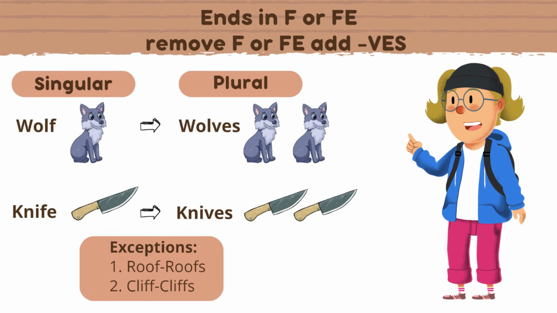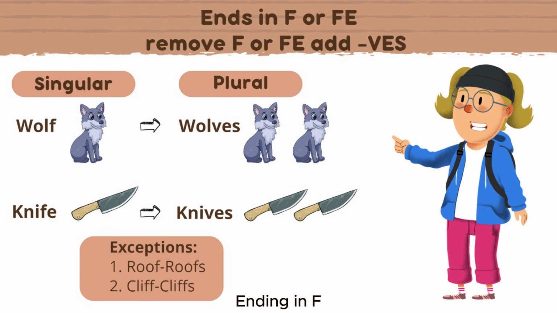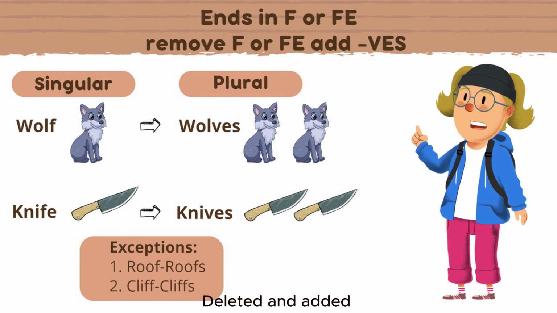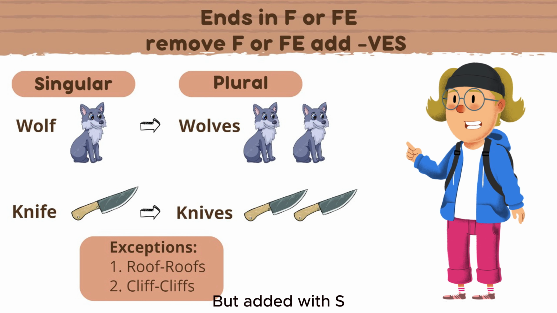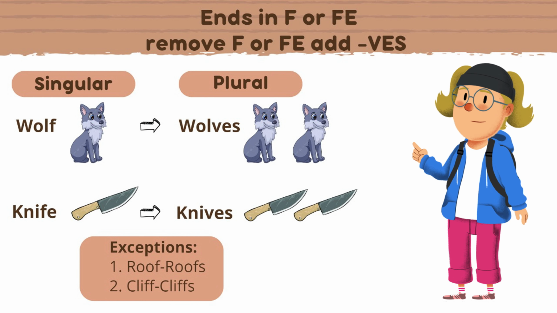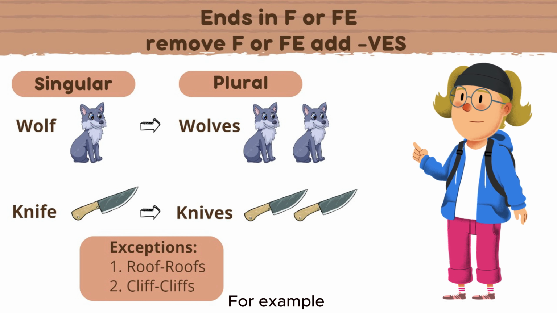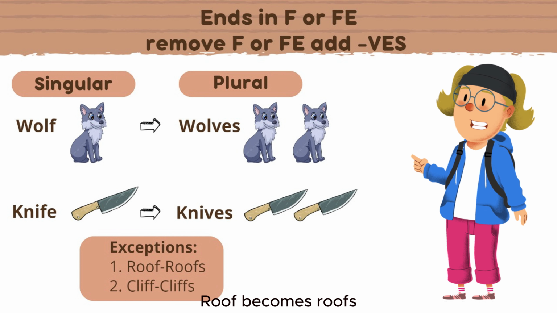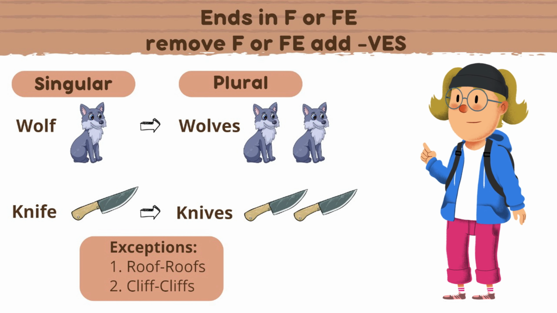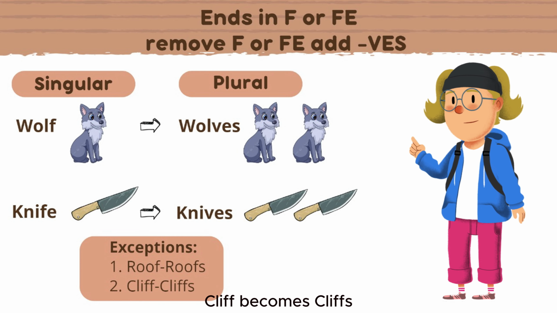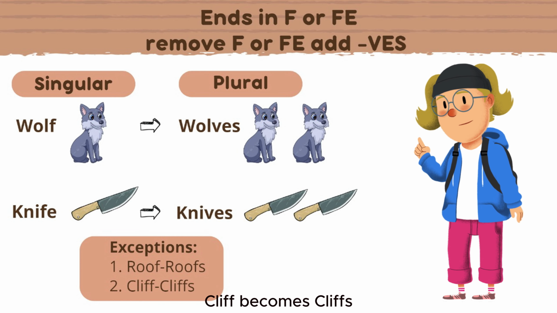However, there are examples of nouns ending in f which cannot be deleted and added with ves, but added with s. For example, roof becomes roofs. Cliff becomes cliffs.